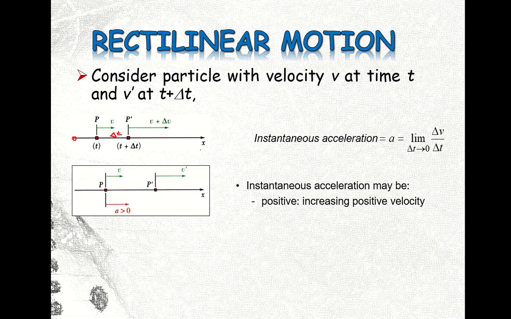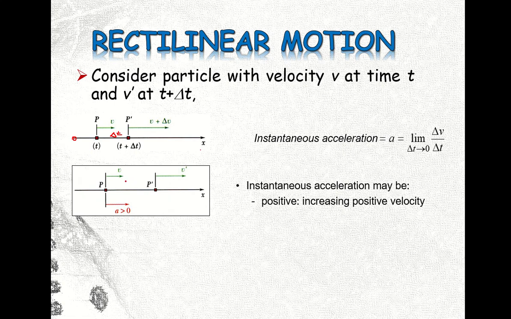All right, so we have here that instantaneous acceleration may be positive, if increasing positive velocity. It means if our velocity is increasing, because there are scenarios, class, where the velocity is decreasing. When we speak of increasing, it means the velocity is changing from slower to faster.